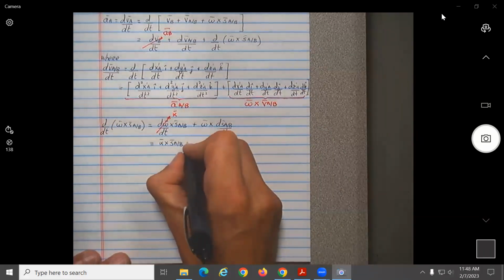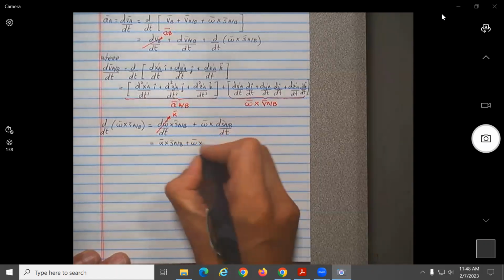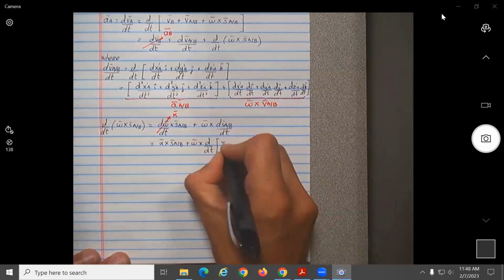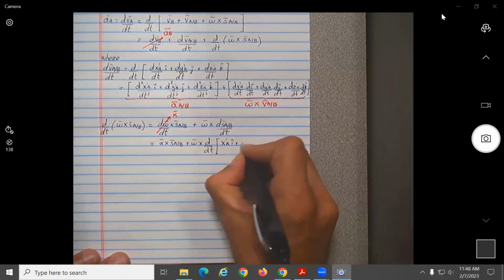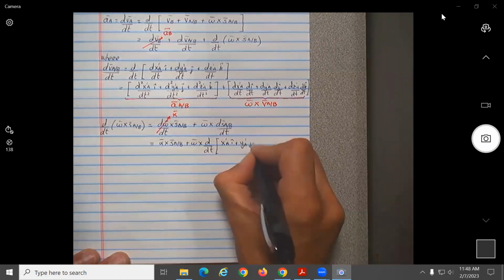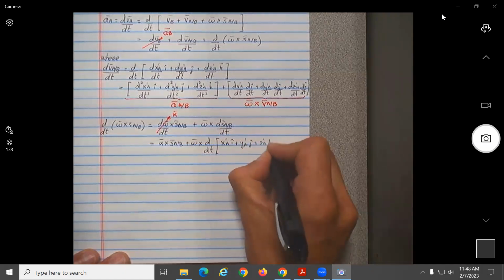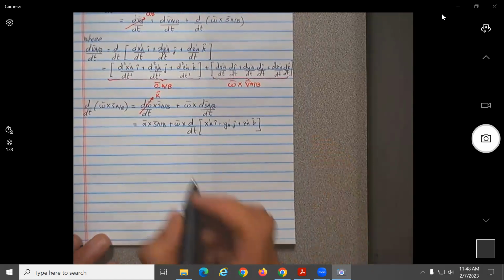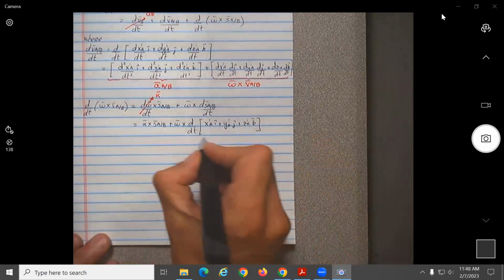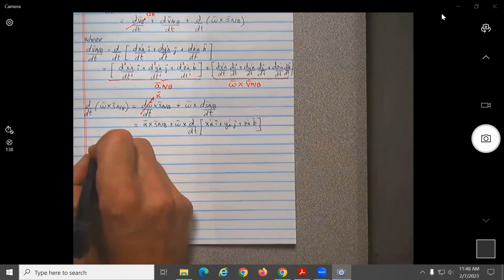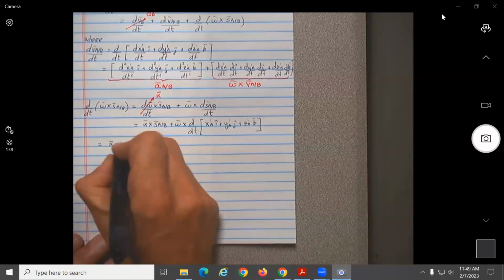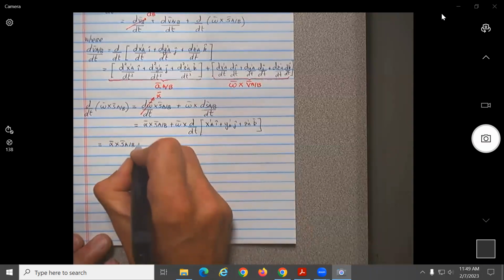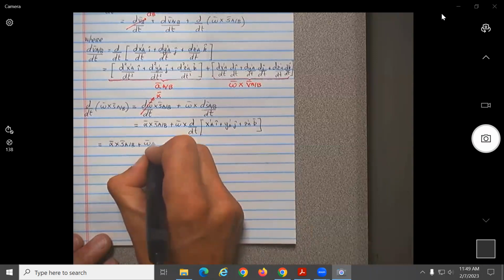Now, plus omega cross, and now comes the problem again. This would be d/dt of x'A i plus y'A j plus z'A k. What's going to happen when we take the derivative of that one? Let's do it term by term.